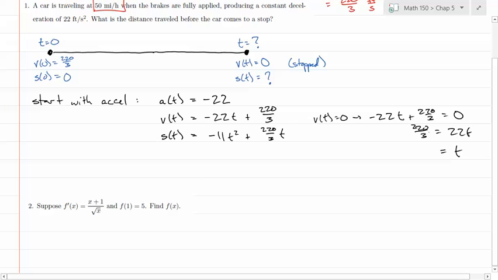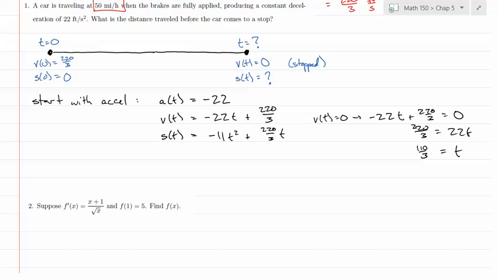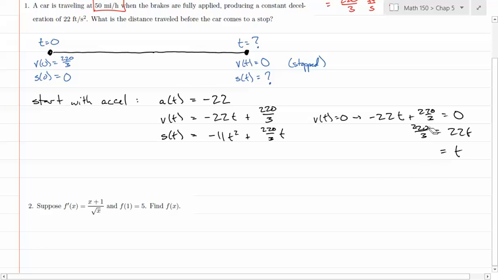So t would be 220 over 3 divided by 22, which is actually... no, that's not right. 220 divided by 22 is just 10. So 10 over 3, right? That is the time that it took for the car to come to a stop.